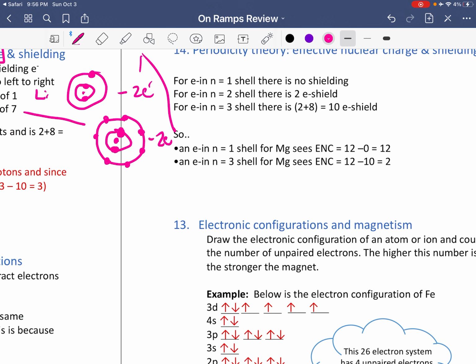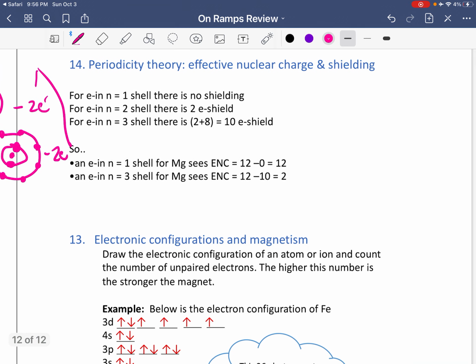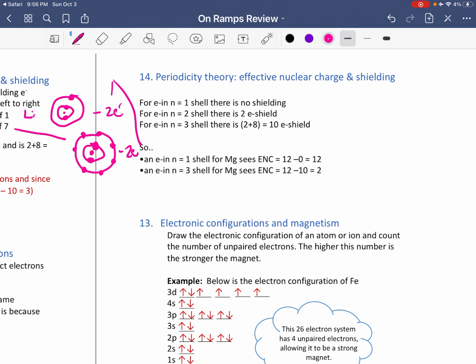You need to know that if an electron is in the first shell, n equals 1, so the first shell, this is the nucleus, that little pink dot in the middle, in the first shell. If the electron's in here, that means that nothing is shielding it. So it feels the full positive charge of the nucleus.